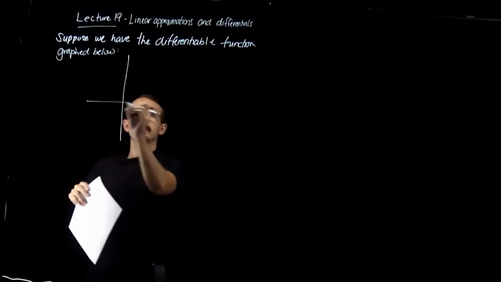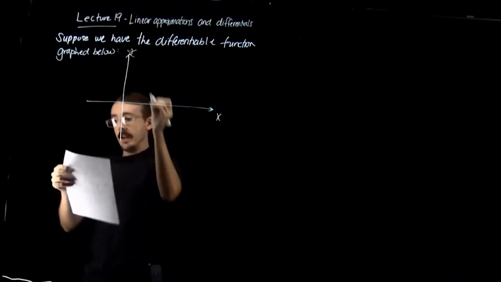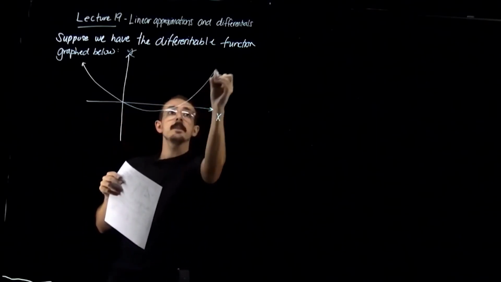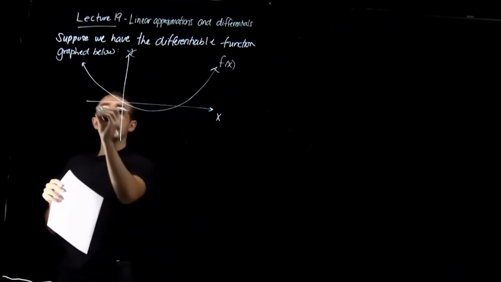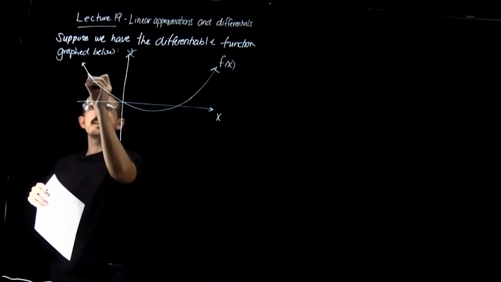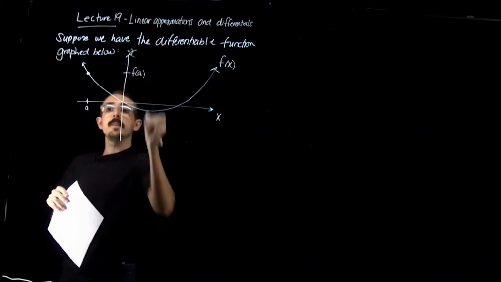It'll be this function right here. So here's my x and y axis. And then here's the function. We'll call this f of x. And I'm going to pick a particular point right here. I'm going to call it A. So right here, at this spot, this is going to be f of A.